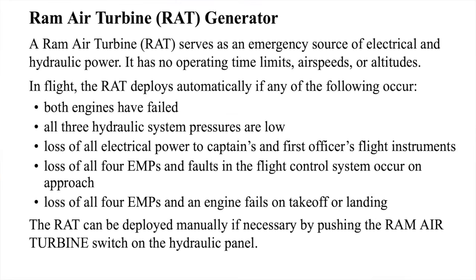Automatic deployment. In flight, the RAT deploys if both engines have failed, all three hydraulic pressures are low, loss of electrical power to the captain or first officer's flight instruments, loss of all four electric motor pumps and faults in the flight control system on approach, or loss of all four electrical motor pumps and engine fails on takeoff or landing.